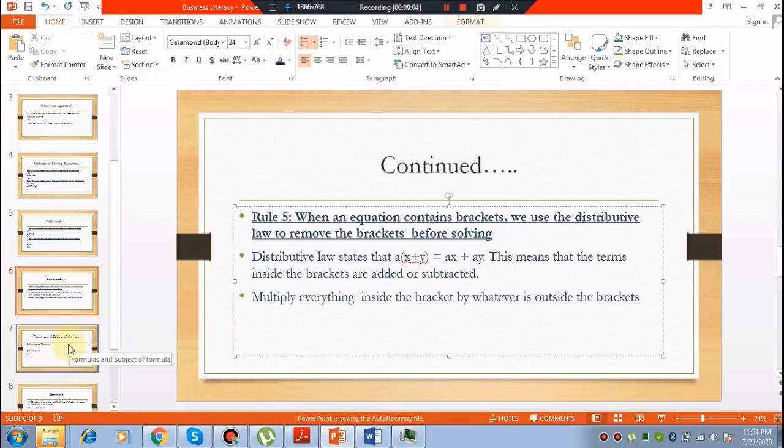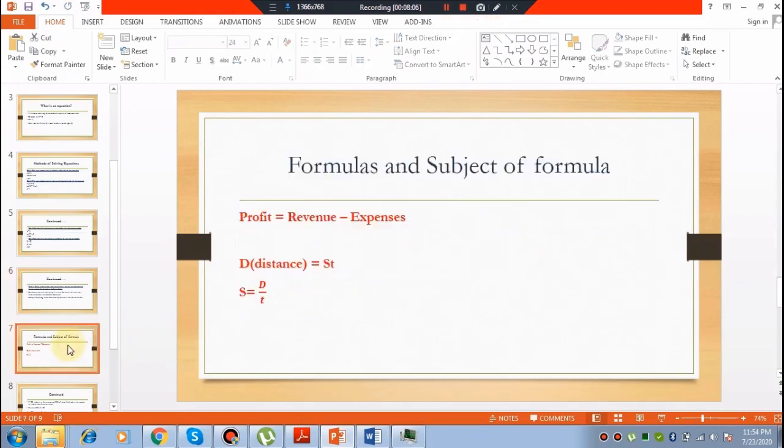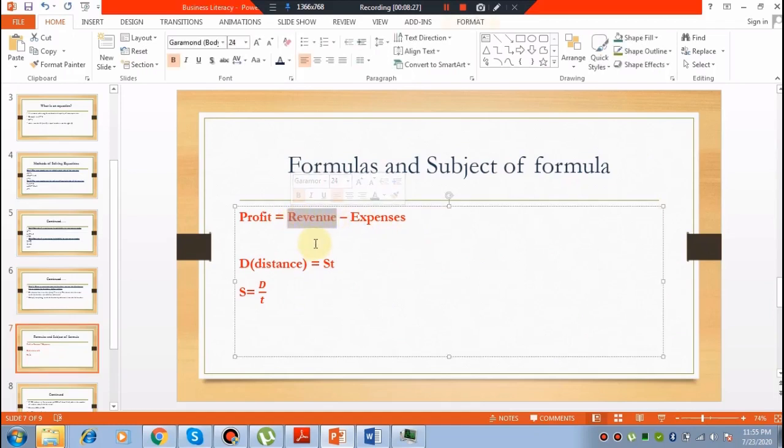Then this brings us to the important aspect of the subject, which is profit equals revenue minus expenses. What if I am only given expenses and profit, but I'm not given the value of revenue? So we want to make revenue the subject of the formula.